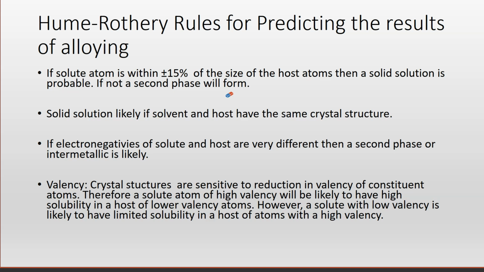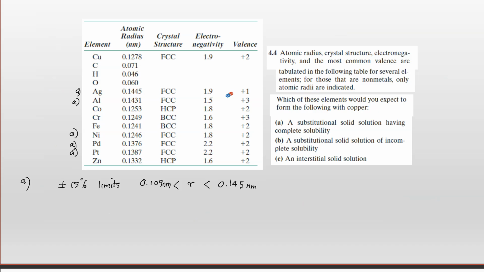Okay, crystal structures are sensitive. So if the valency of the solute is higher than that of the solvent, we've got a better chance. So valence, the copper has a valence of +2, so it should dissolve readily in silver, yes. So that's a strong candidate here. This is higher, so probably not on the valence. That one has been disqualified, and these are all the same, +2, +2, +2.